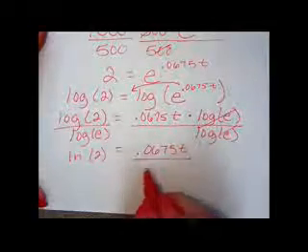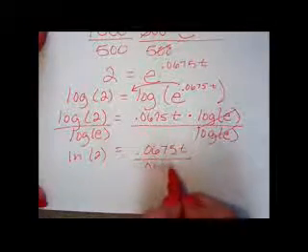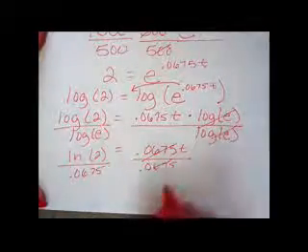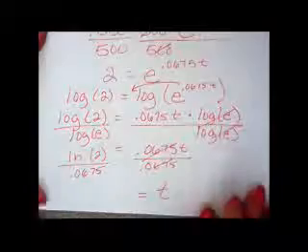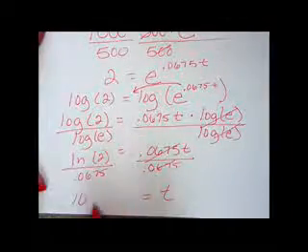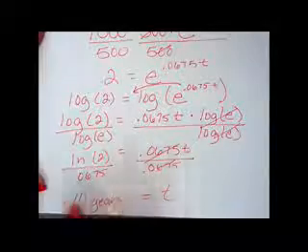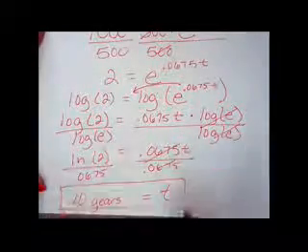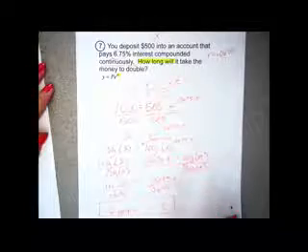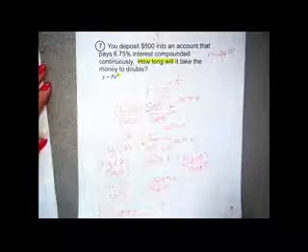And then we just have to divide both sides by 0.0675. So t equals, if you divide this, approximately 10 years. So it takes 10 years for $500 to turn into $1,000, compounded continuously at an interest rate of 6.75%.